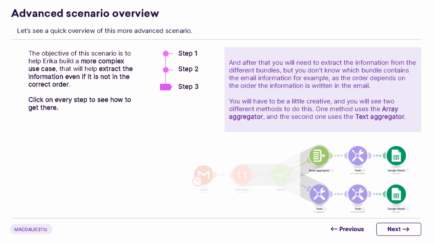To tackle this challenge, we'll explore two different methods. The first method involves using an array aggregator, which combines data from multiple sources into a structured list, making it easier to identify the needed information. The second approach utilizes a text aggregator, which focuses on consolidating and organizing raw text data, enhancing the extraction process for scattered information.